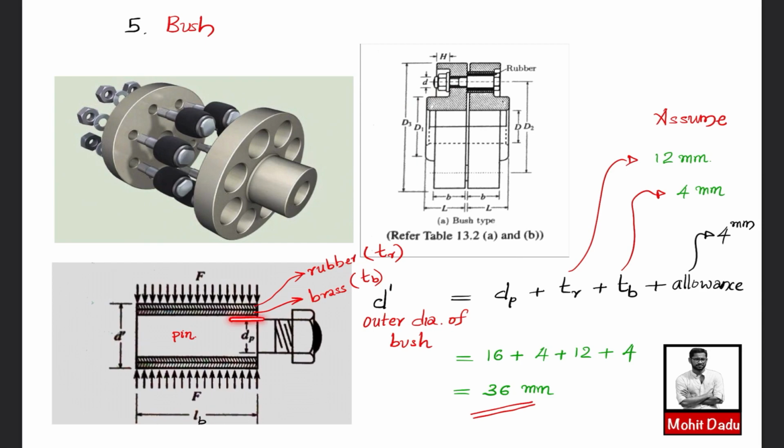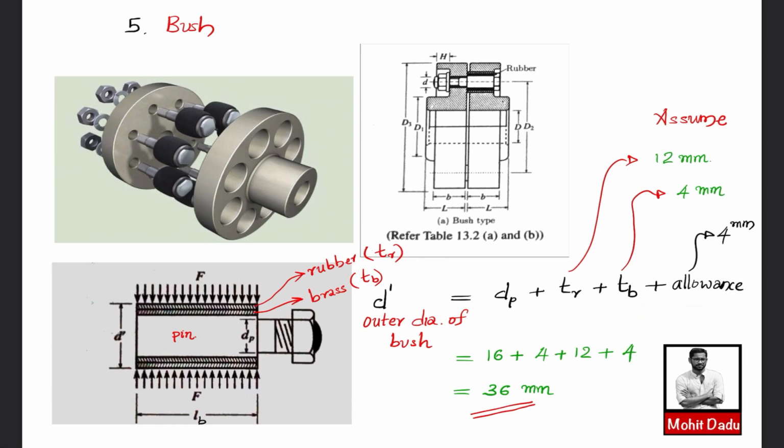We already evaluated the diameter of this pin, dp, which is 16 mm, and then the diameter of this bush, that means this diameter D dash, we have to evaluate. For this we have an equation, given in the data book, I will show it on the next page: the outer diameter of the bush is equal to dp plus tr plus tb plus some allowance. tr is the thickness of the rubber bush and tb is the thickness of the brass bush.